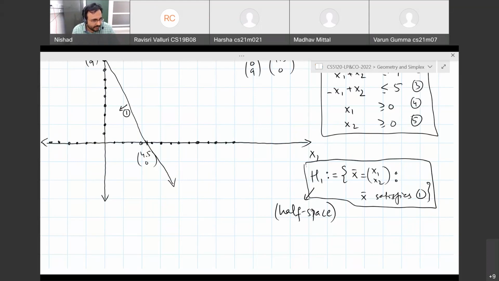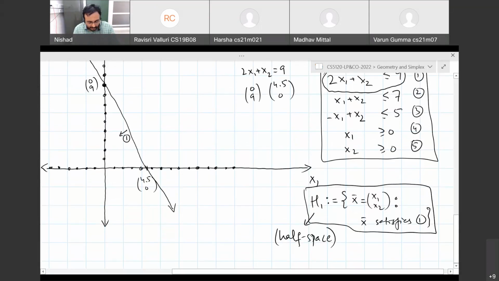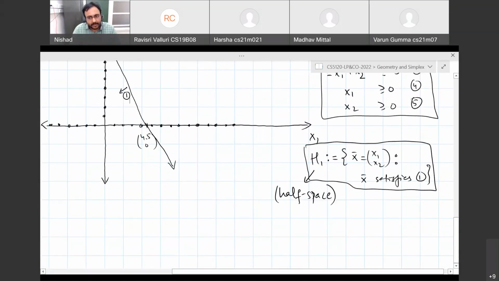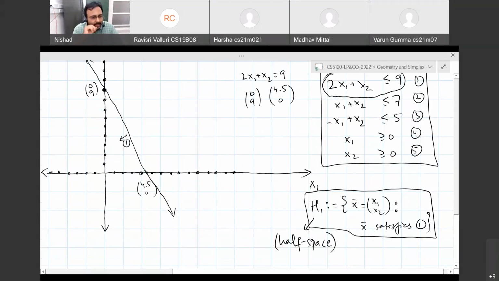Does that make sense? The formal definition is just all the vectors that satisfy your constraint. It's basically going to break your space into 2 parts, those that satisfy the constraint and those that don't, which is why it is called a half space. Does it answer your question? Yes, I got it.